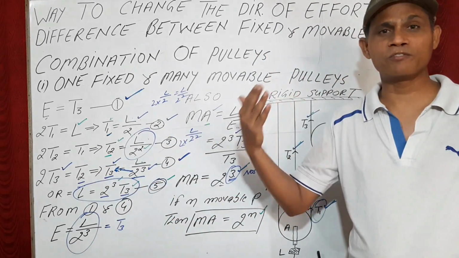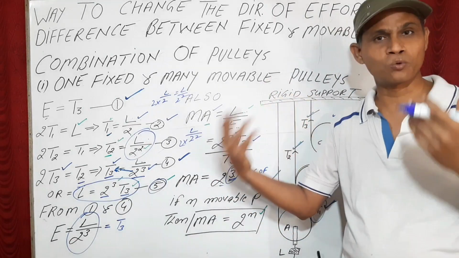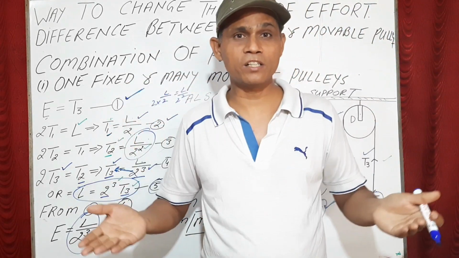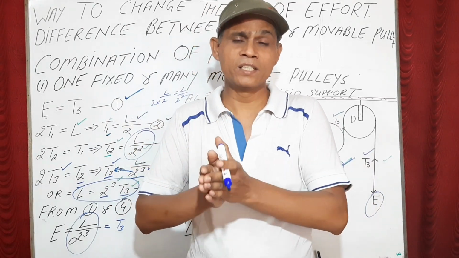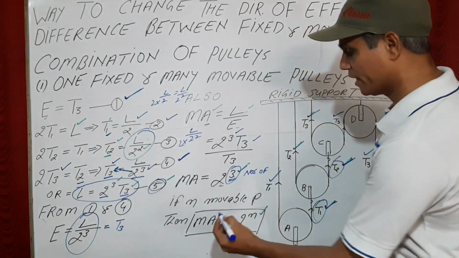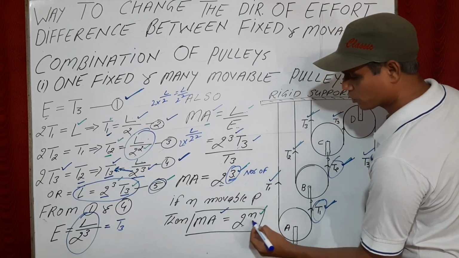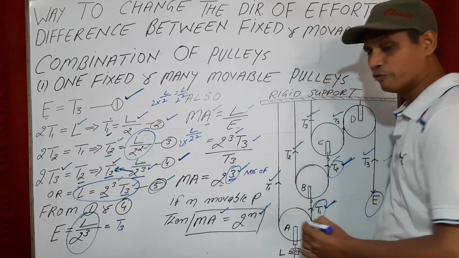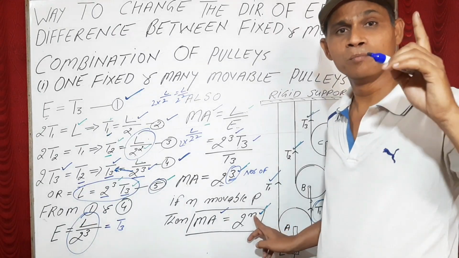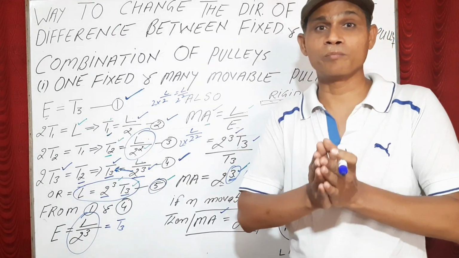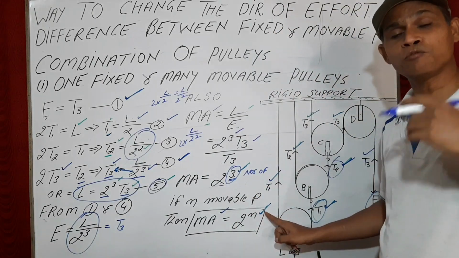If you are having 5, 2 raised power 5, and so on. So in general, suppose you are having n movable pulleys, in that case mechanical advantage will be 2 raised to power n, where n is the number of movable pulleys. Now keep it in your mind.